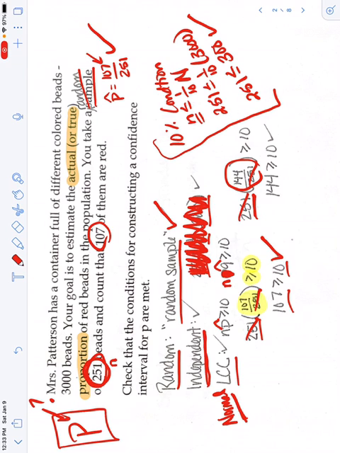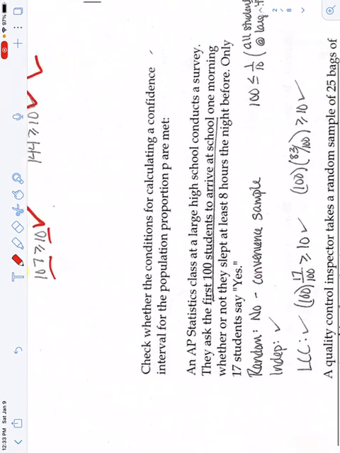The 251s cancel, and that gives me 144, which is greater than 10, and so that gets a check mark. So you have just established all three of your conditions: random, independent with the 10% condition, and normal with the LCC. And that is going to be one of your very first steps every time you do a confidence interval.